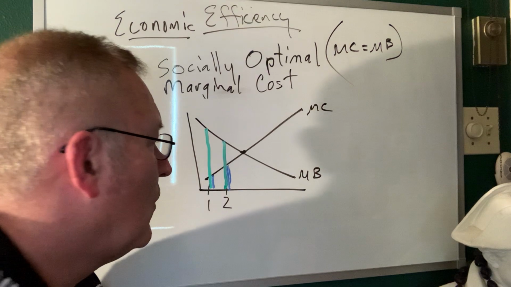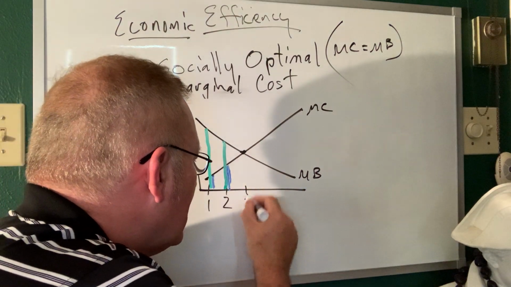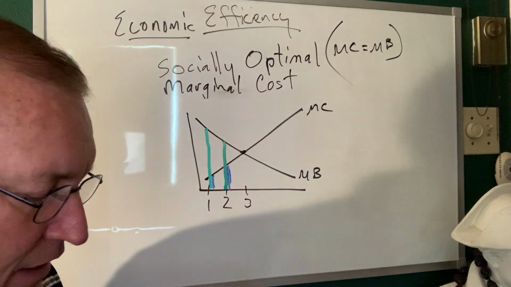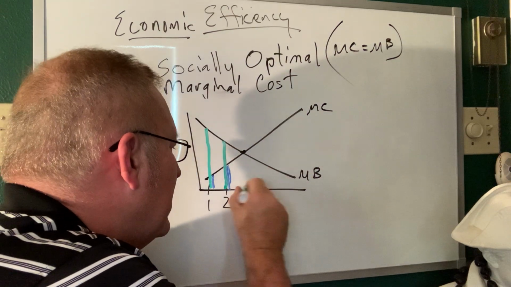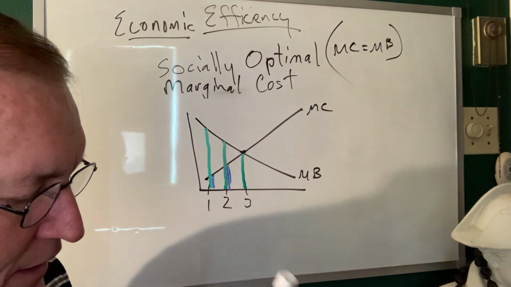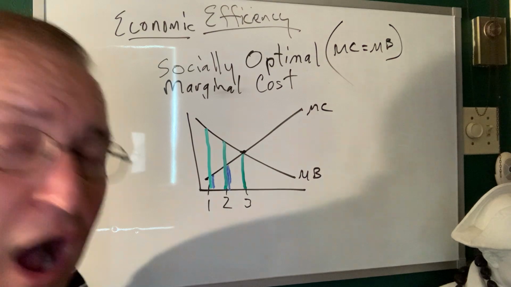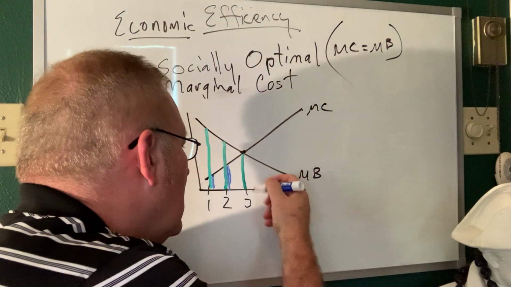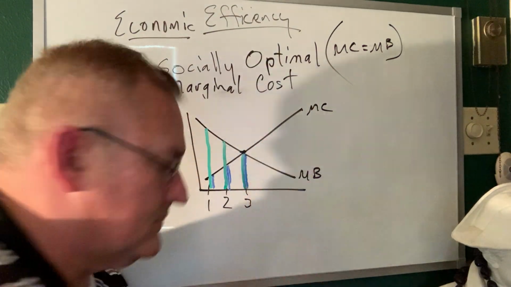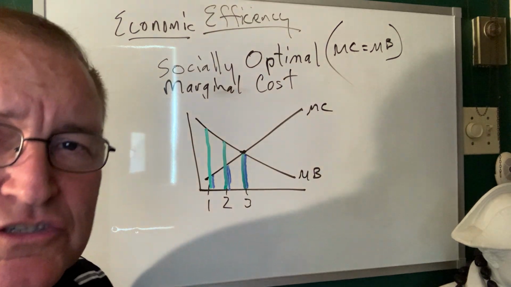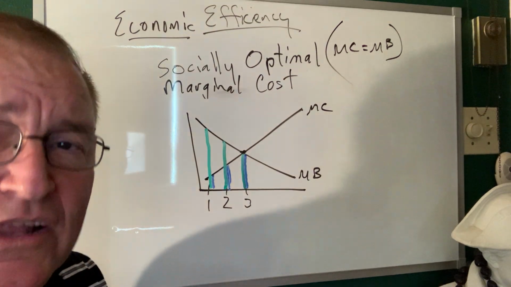Now, we got increment 3. In increment 3, the marginal benefit and the marginal cost are equal. That's what's socially optimal. And that's why it's socially optimal.